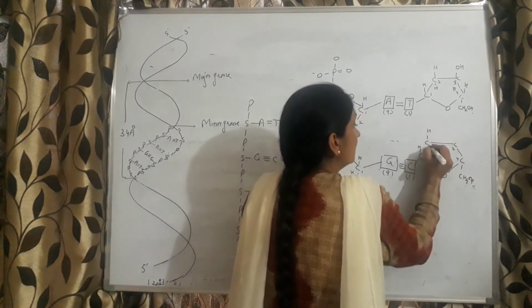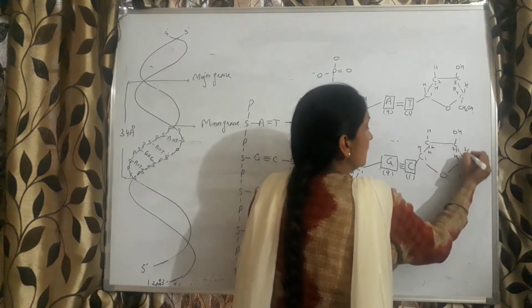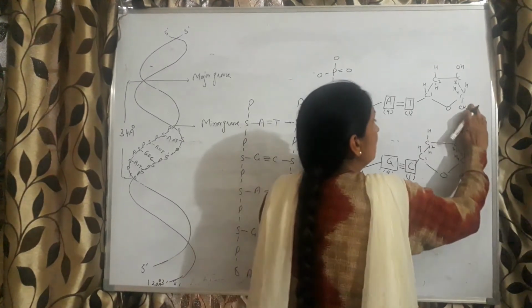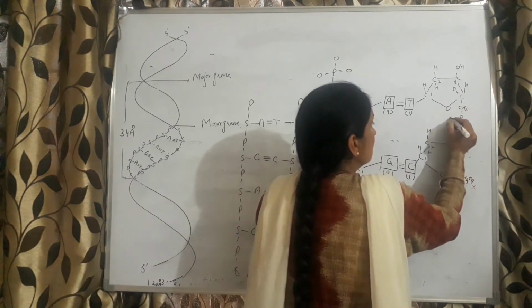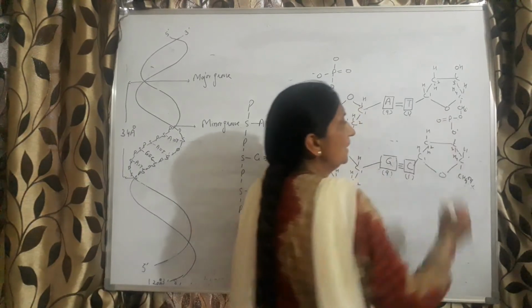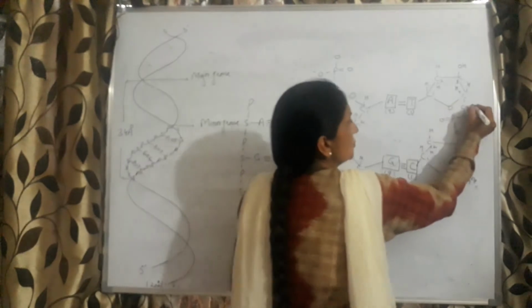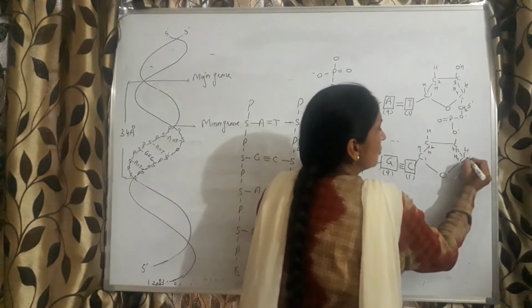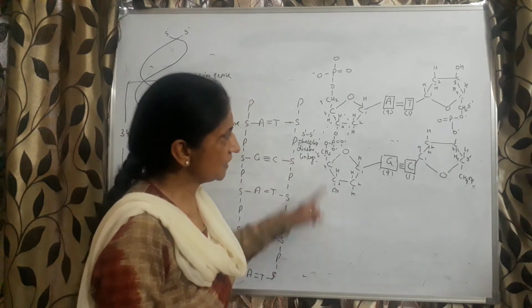So it's H, H, OH, H, H. In between them there is a 3'-5' phosphodiester linkage. So you can call it a 5'-3' phosphodiester linkage.